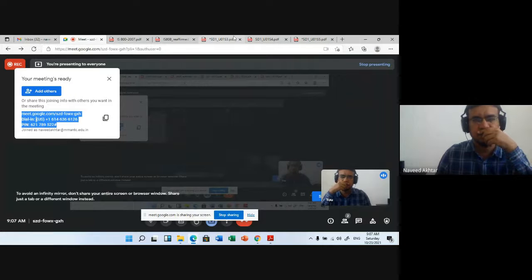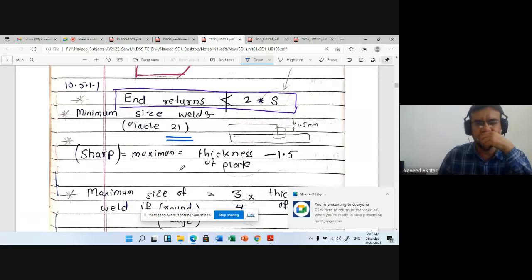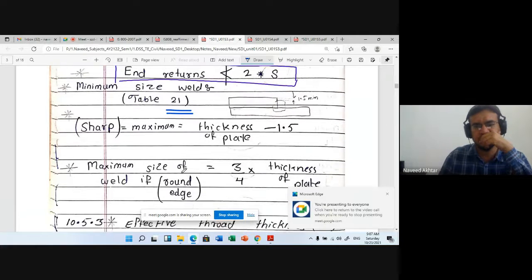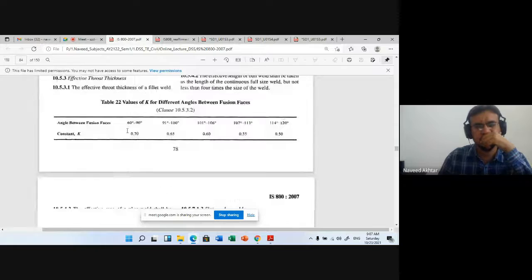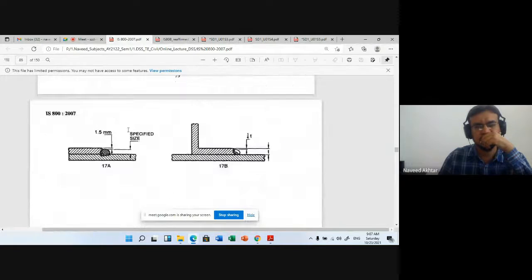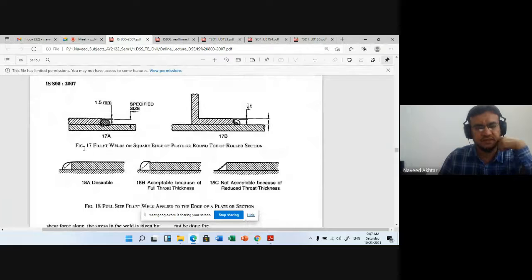thickness of your plate from figure 17 of your IS code. So in IS 800:2007, if you go to section 10, there the figure number is 17. You can see the figure here. If there is a sharp edge, then the maximum size of weld will be thickness of plate minus 1.5.